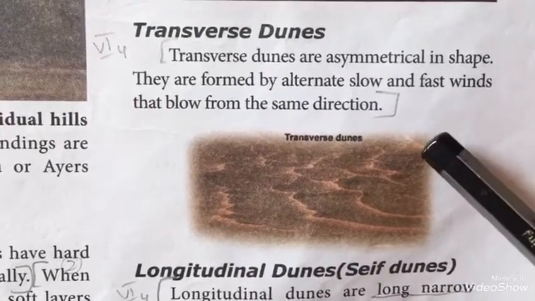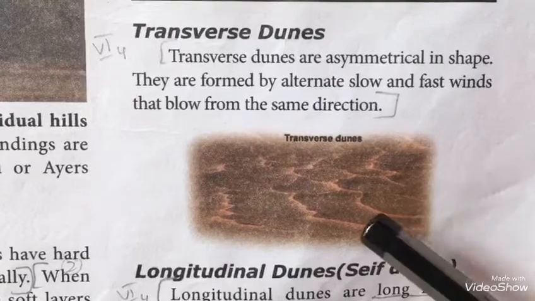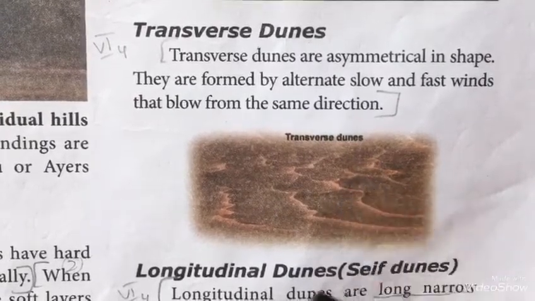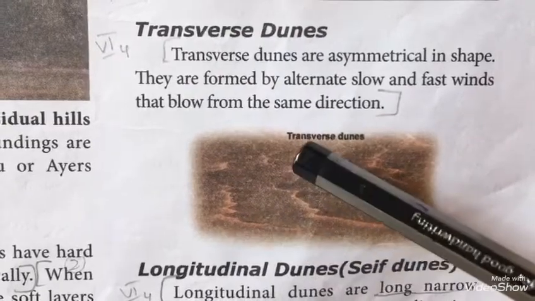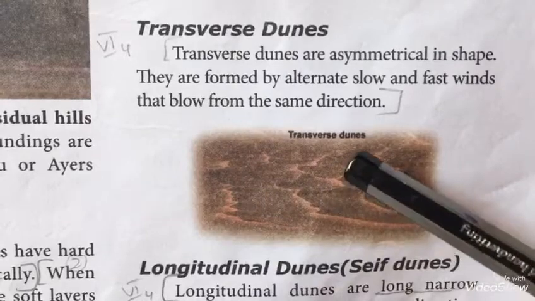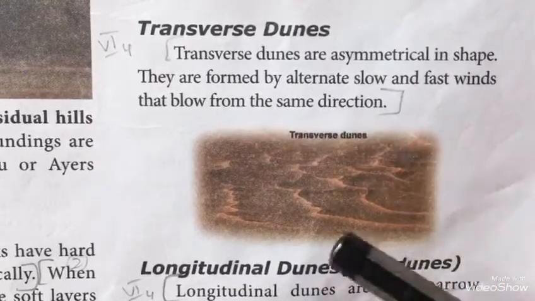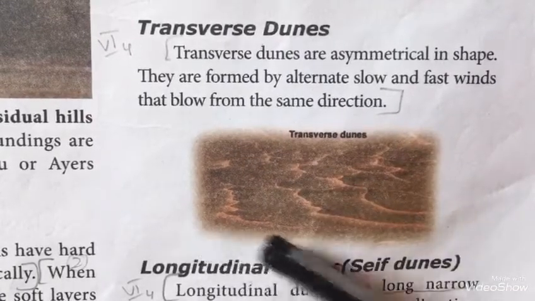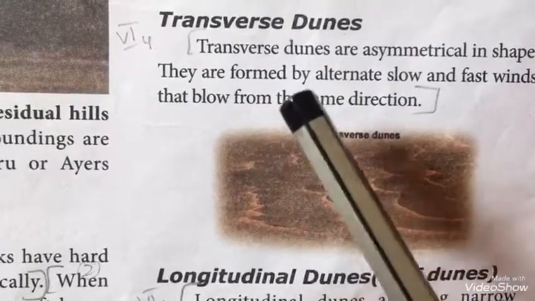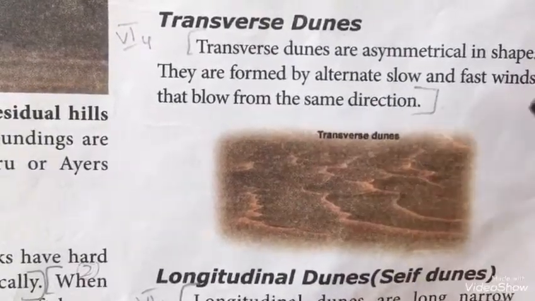So how are they formed? They are formed by wind that blows in the same direction but in an alternate way, that is slow and fast. Through this, transverse dunes are formed. But the transverse dunes are asymmetrical in shape. So why are these dunes irregular in shape?